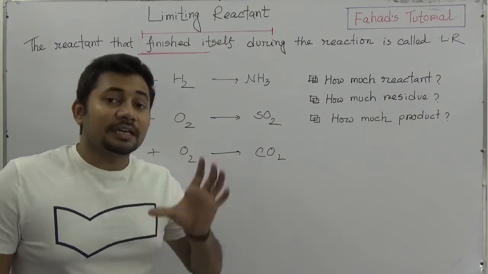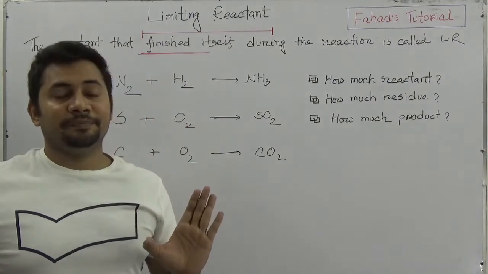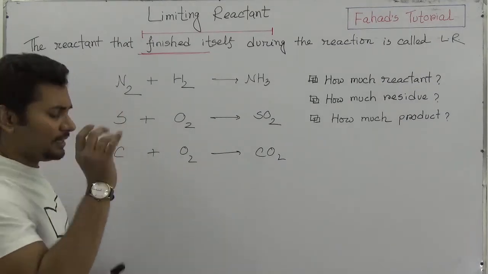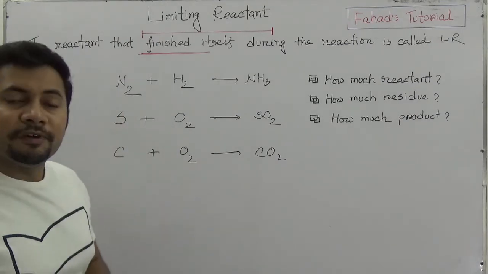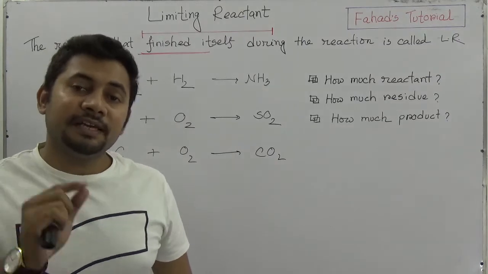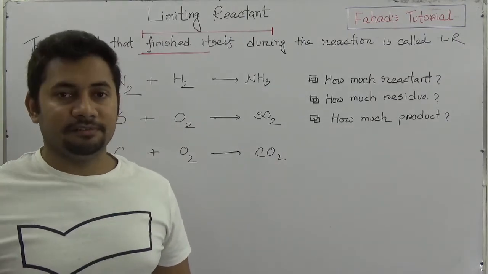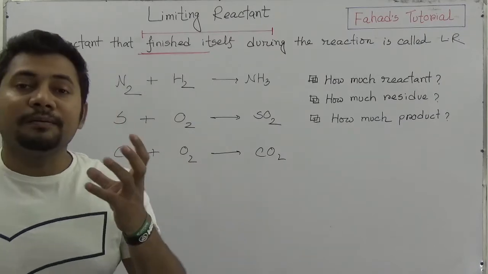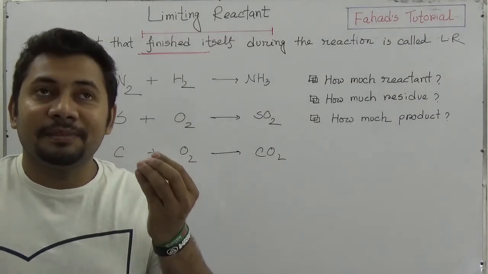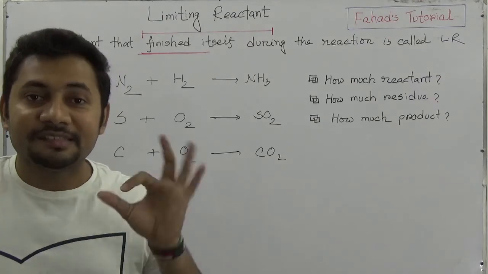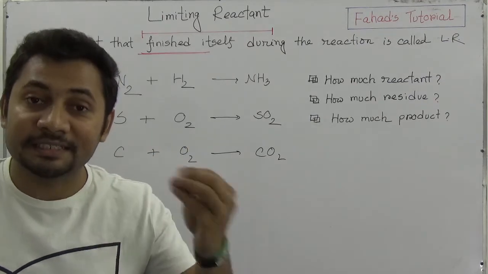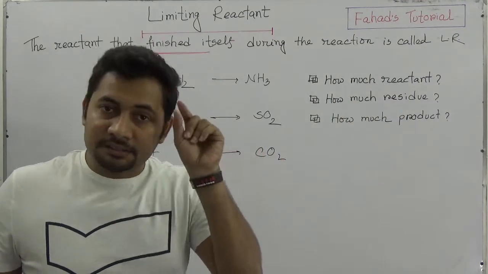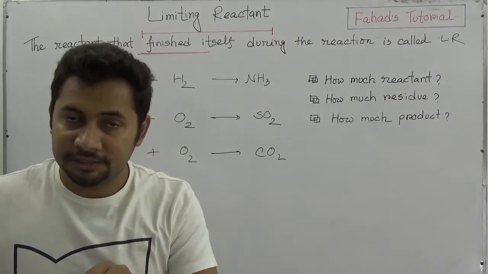Now you need to think how to calculate this, and that is the main issue. Suppose it's given that 50 gram nitrogen is reacting with 5 gram hydrogen. But before that, what does the limiting reactant tell us? 3 things. It tells us how much reactant is reacting in the chemical reaction.